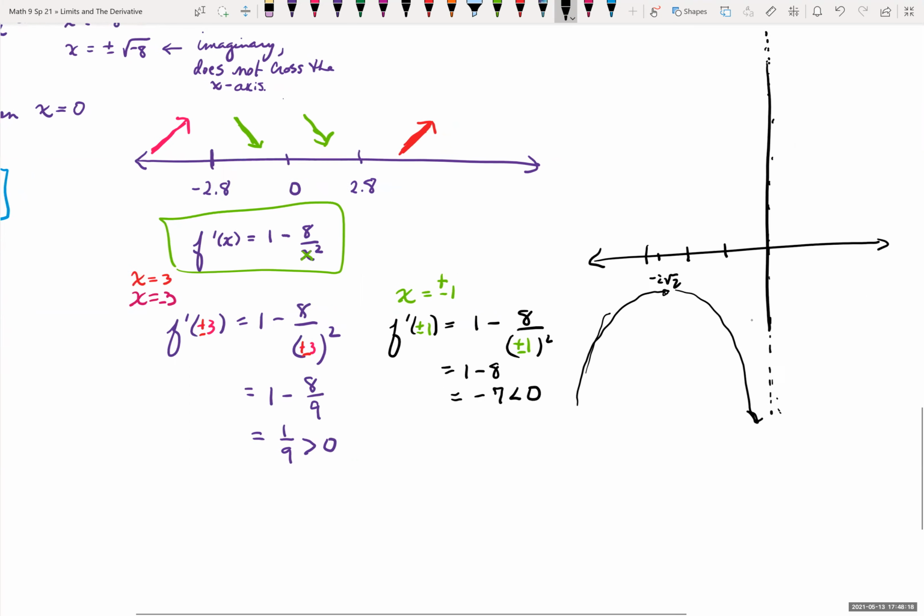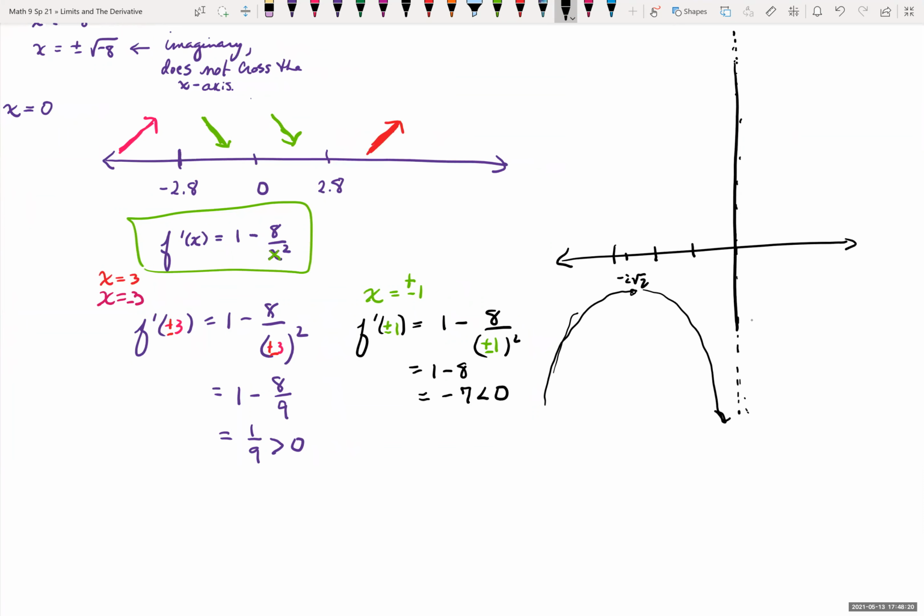But if I put this above the x-axis, where it was increasing and then changing direction and then decreasing, it would have to cross my x-axis, and that's impossible. So I know right now that this piece is going to be below the x-axis. I don't know about that concavity, and I don't know where that y value is, but I can find it really easily. So for now, let's just go up and down.